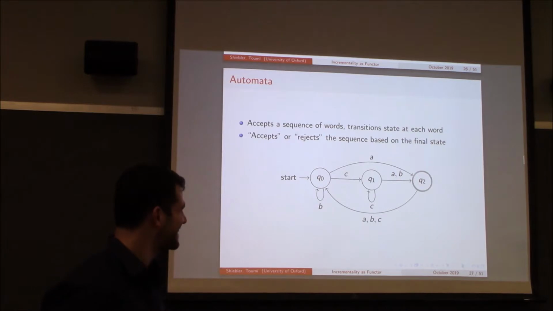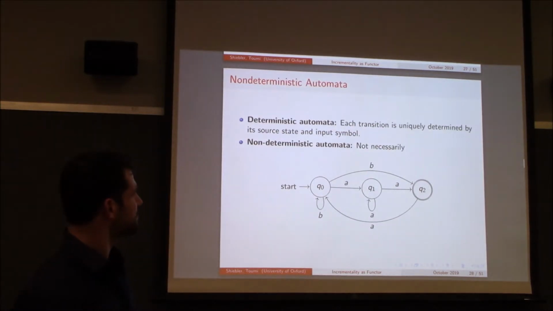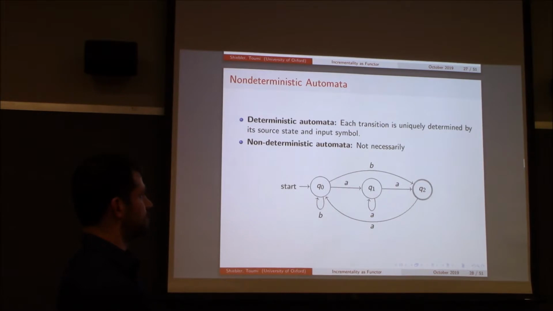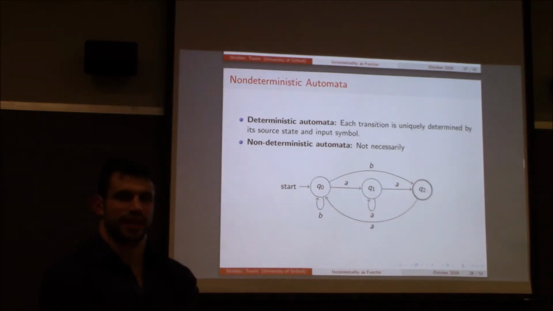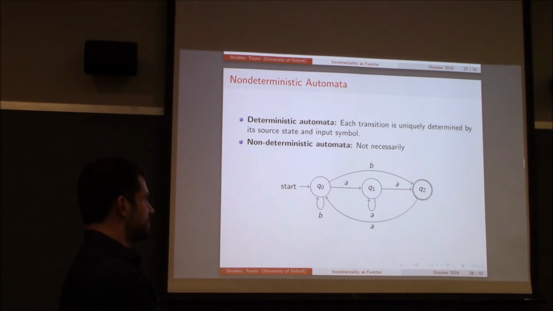So, deterministic and non-deterministic automata. With deterministic automata, each transition is uniquely determined. With non-deterministic, not necessarily. There are a lot of different characterizations of non-deterministic automata at various levels of rigor and ease of understanding.